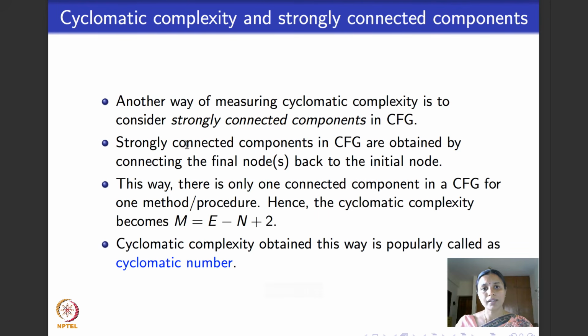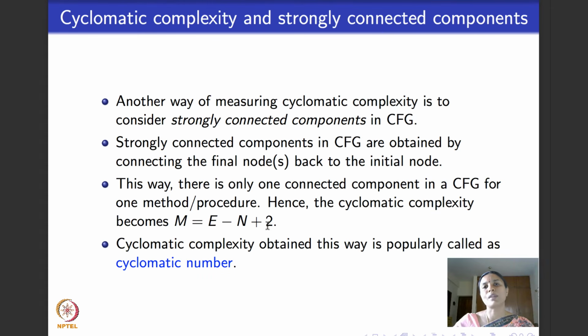So under that assumption, cyclomatic complexity also turns out to be E minus n plus 2, basically for the same reason. There's exactly one connected component, which actually happens to be strongly connected also. So cyclomatic complexity becomes simpler. I don't have to compute connected components. It's usually easier this way because, at the cost of adding a few extra edges, you don't have to run algorithms that compute the number of strongly connected components as subroutines.